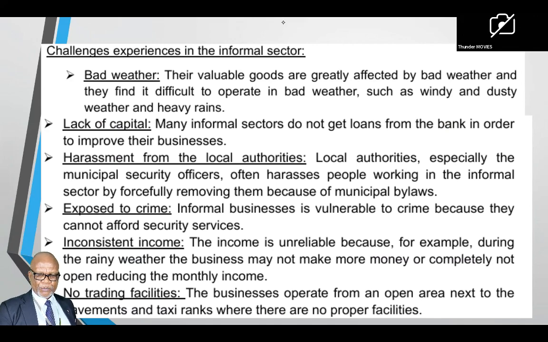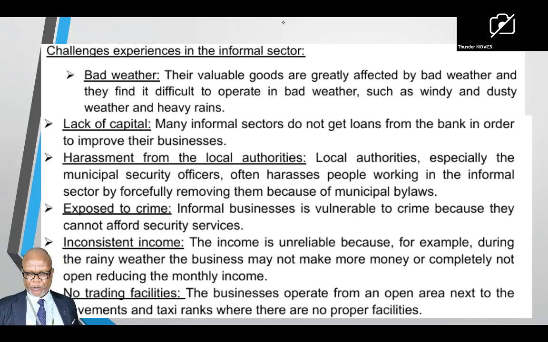Most of them don't have capital, and they are usually harassed by officials or authorities. They are exposed to crime because they don't have places to work at. They have inconsistent income: today could be higher, tomorrow it could be less or none. There are no trading facilities.